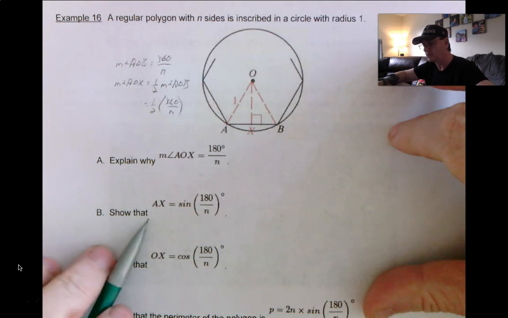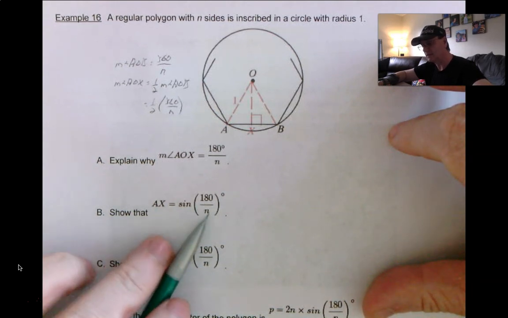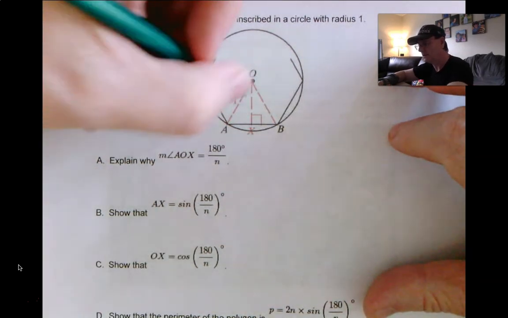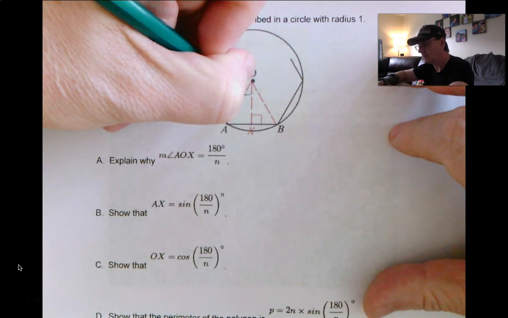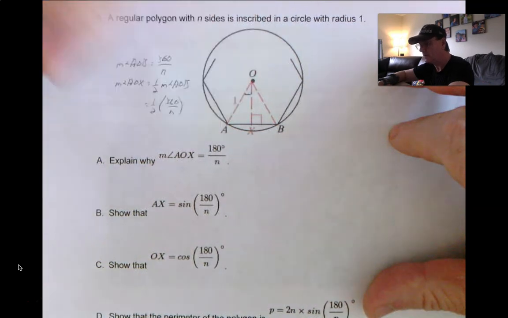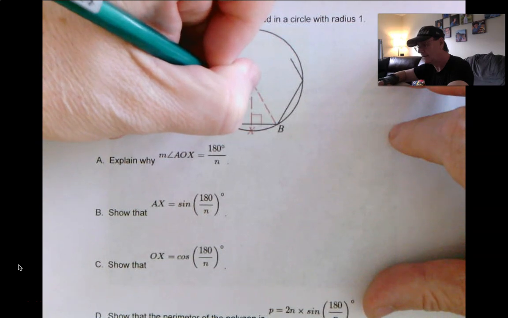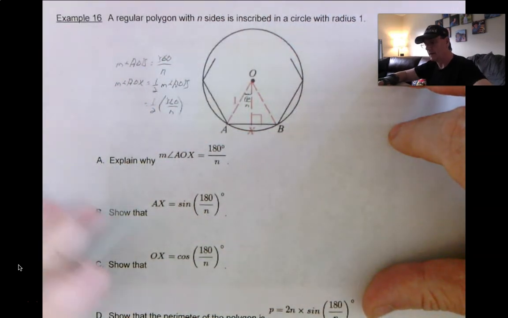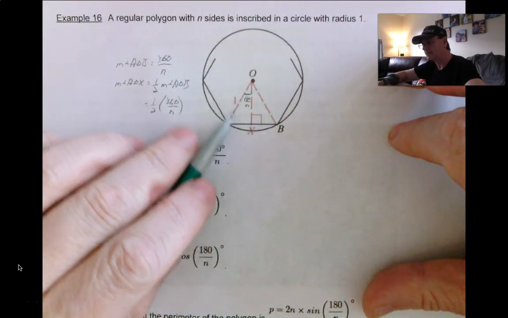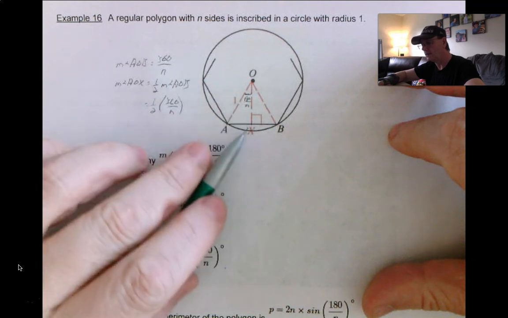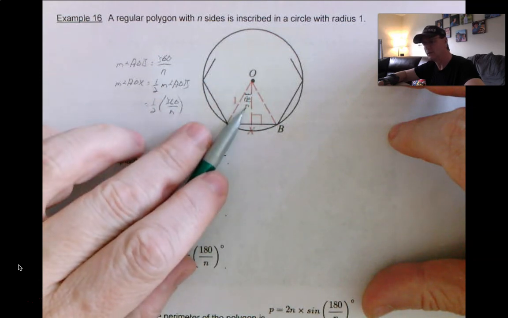Part B, we're going to show that AX is equal to the sine of 180 over n. So again, this angle here is angle AOX, and that's 180 over n. And AX over 1 is going to be the sine of 180 over n.